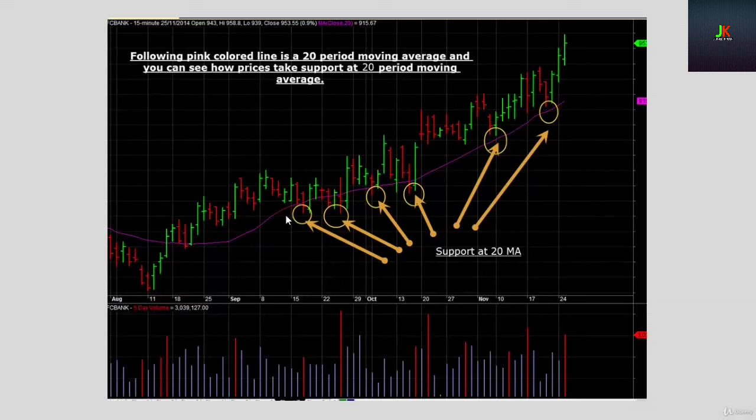The 20-day moving average will also help you identify strong trending markets, as it moves very close to price bars.